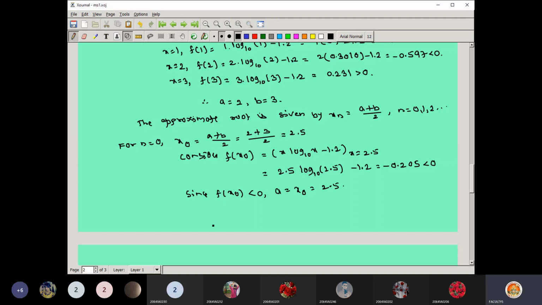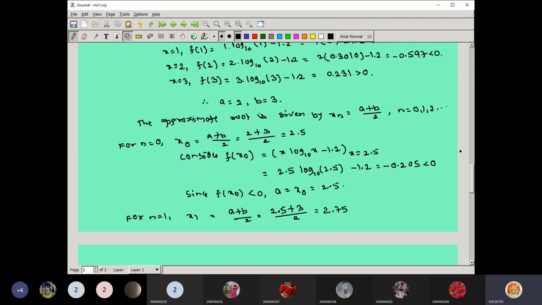So once you get that a value, now you go for the new approximate root for n equal to 1, x1, that is equal to a plus b divided by 2. A, the new value 2.5, b, your previous b value 3 divided by 2. So you are getting 2.75.